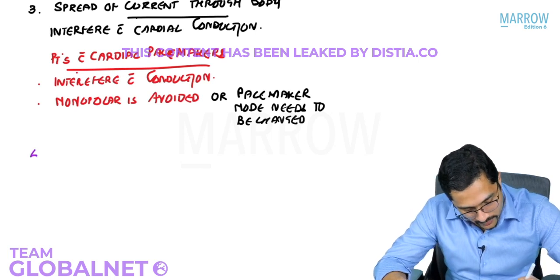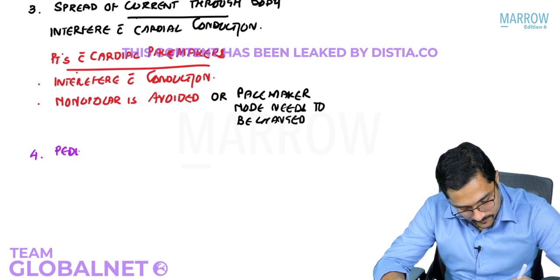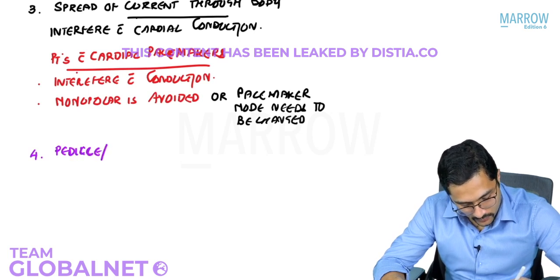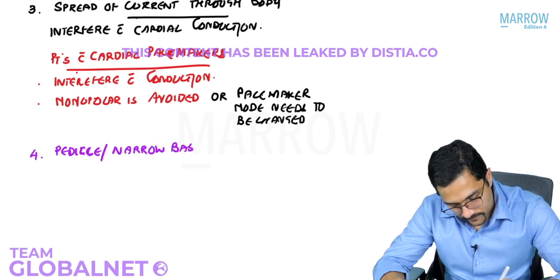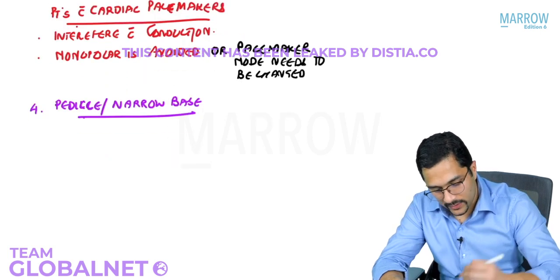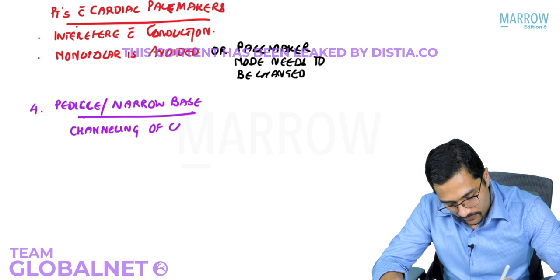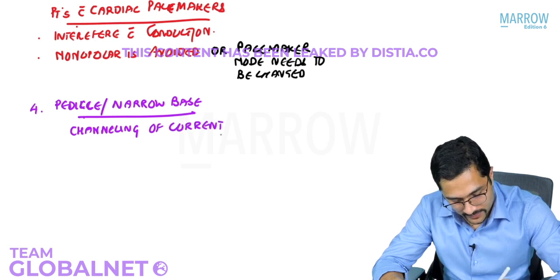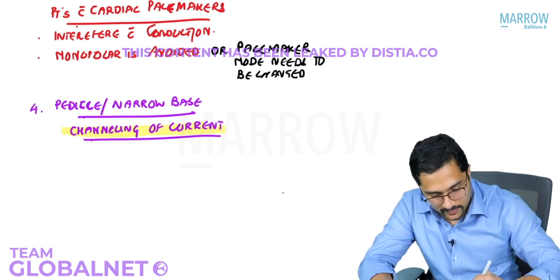The fourth point which I want you to know is that if there is a pedicle or a narrow base, then there is something known as channeling of current. What channeling of current basically means is that supposing there is this pedicle which is here, right?